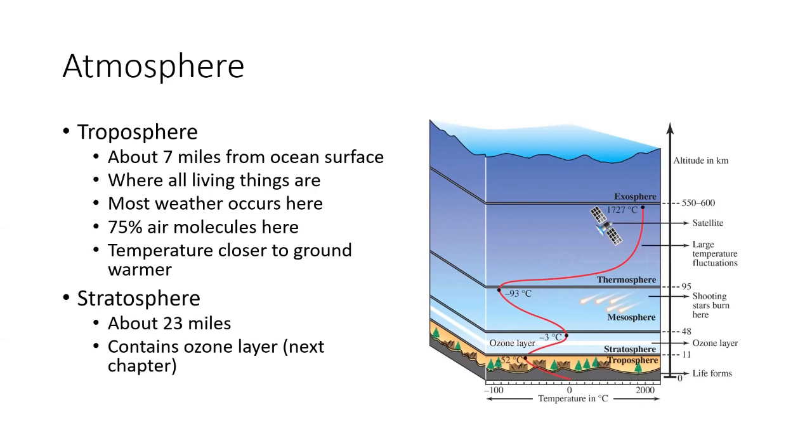It's called the thermosphere because it's actually pretty hot. So if you can see it on here, this says 1727 degrees Celsius. For us Americans who don't know Celsius, that's about 4,500 degrees Fahrenheit. So very, very hot.